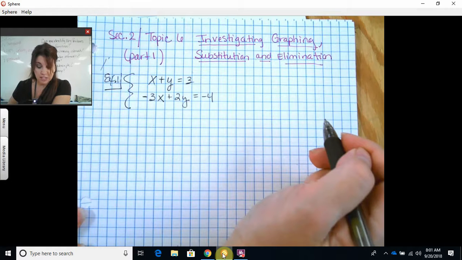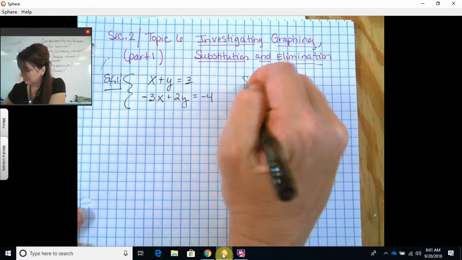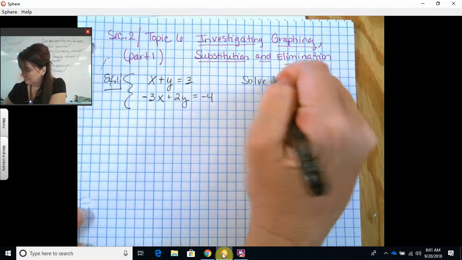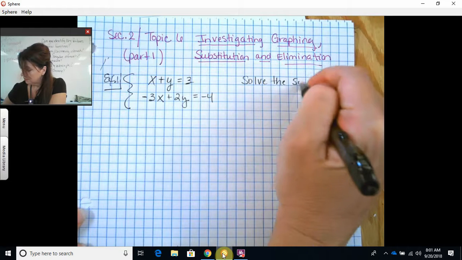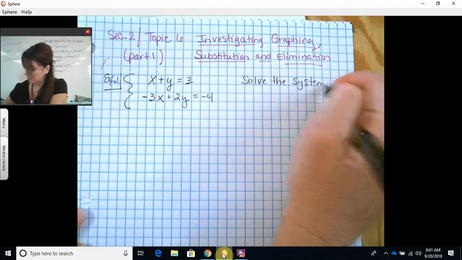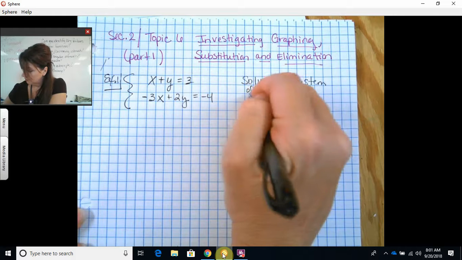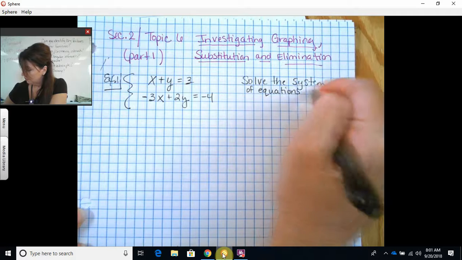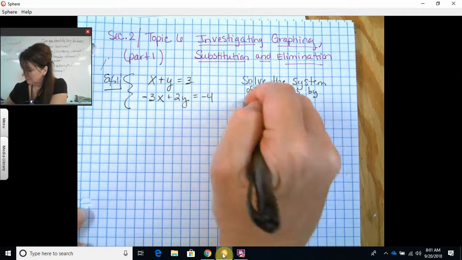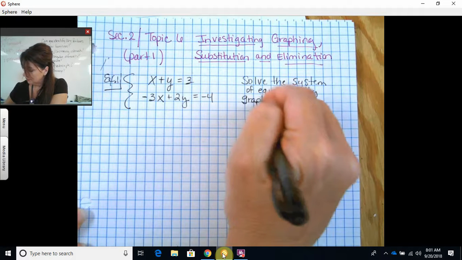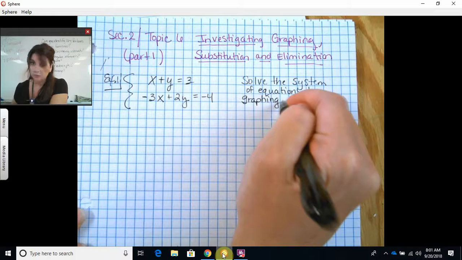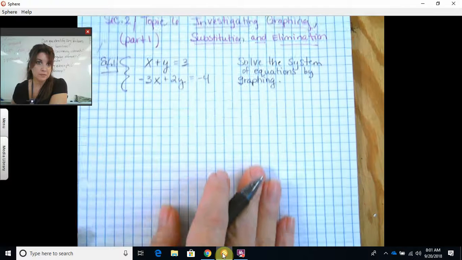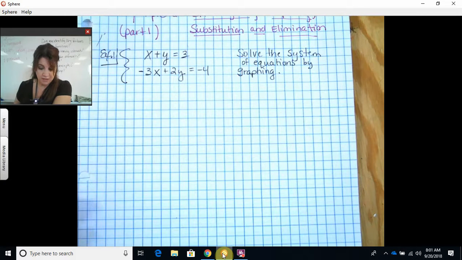And my directions say solve the system of equations by graphing.